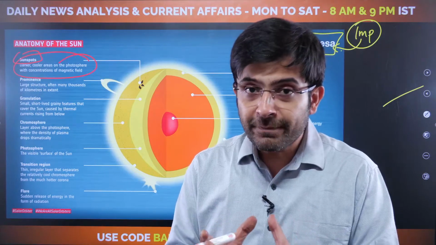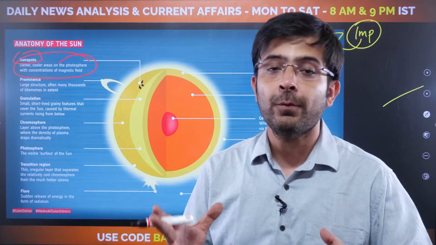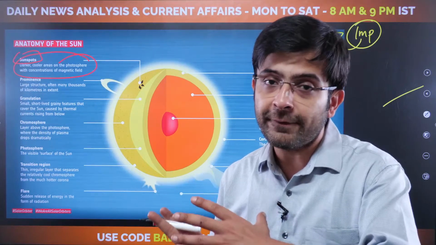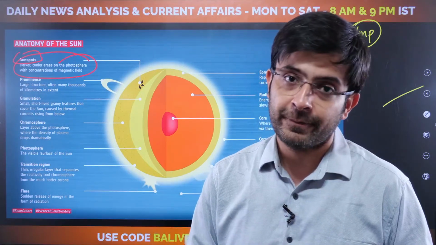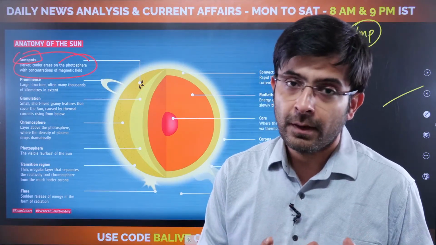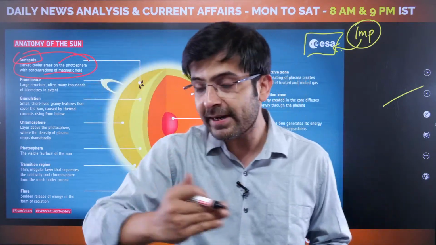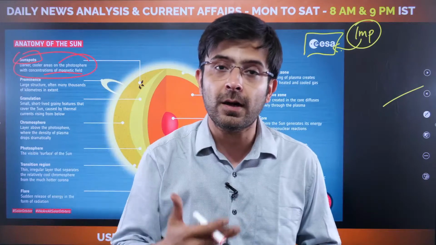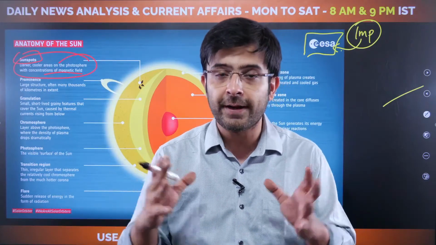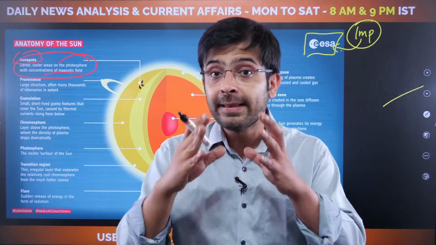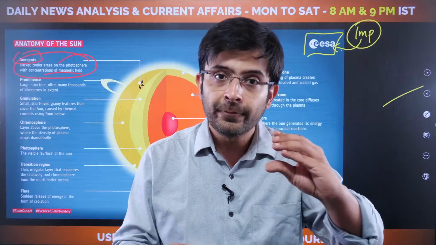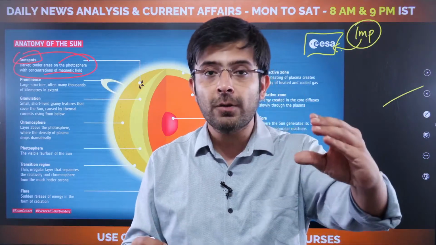All of these violent processes are also to be interpreted from the magnetosphere perspective, the magnetic perspective. Because of the varying concentrations of magnetic field within the sun's own sphere of influence, certain areas go cool, then suddenly they come back to the normal temperature.